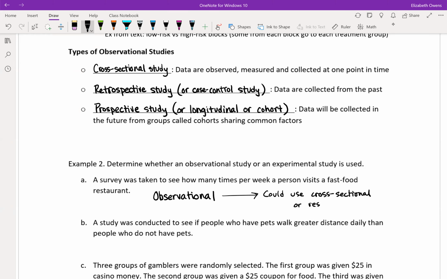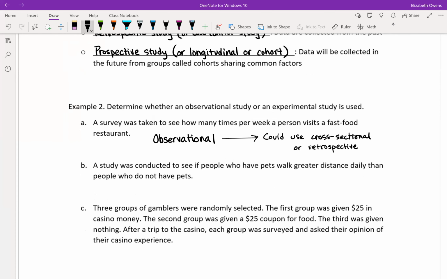I'm not really seeing how we could do a prospective or longitudinal study with this, because I'm not seeing any cohorts in this particular scenario. So I think cross-sectional or retrospective, but it's definitely an observational study.